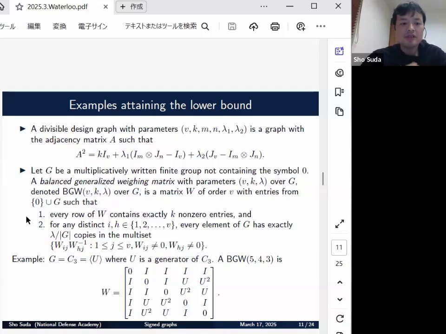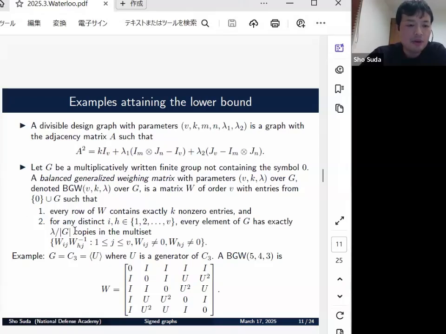And for any distinct i and h taken from the set 1 to v, every element of G has exactly lambda over the size of G copies in the multiset consisting of the elements W_ij times W_hj inverse, where W_ij is the ij entry of our matrix W, j runs from 1 to v, and W_ij is not equal to 0, and W_hj is also not equal to 0.